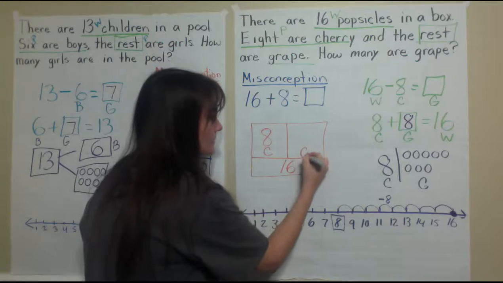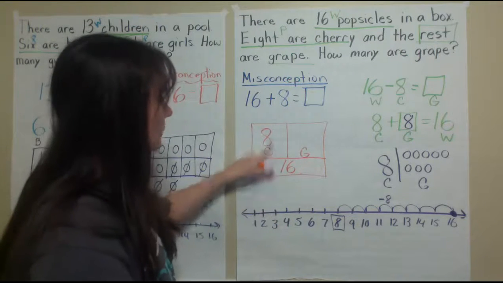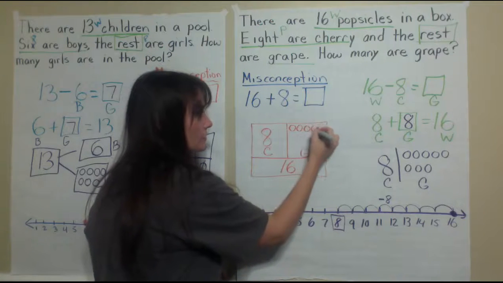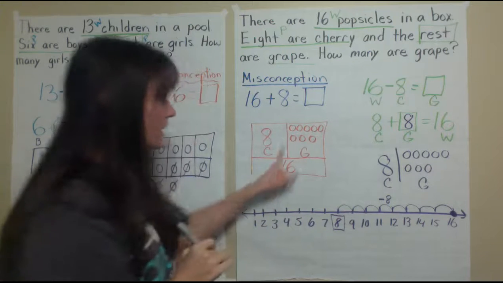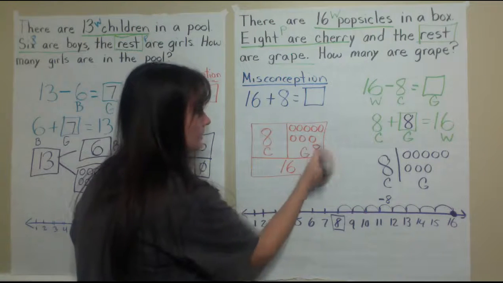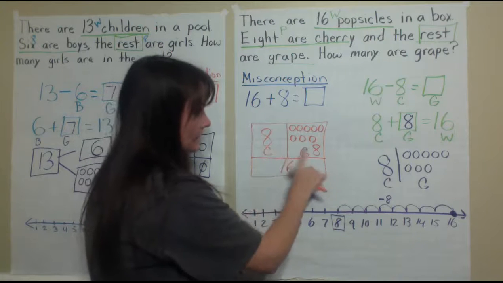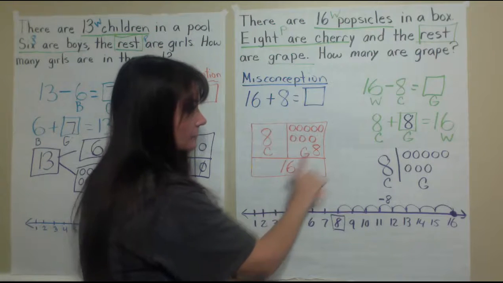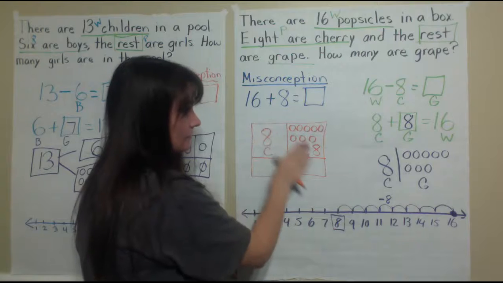I know that these are going to be how many are grape. So 8, 9, 10, 11, 12, 13, 14, 15, 16. And if I count those up, I know that my answer is 8. So again, 8 plus 8 equals 16. Or I could think 16 minus 8 leaves me with 8.